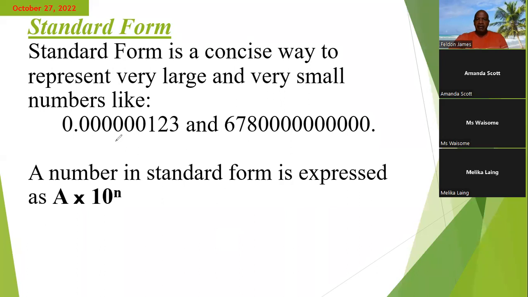So these two numbers that we have here, 0.000000123 and 678 with 10 zeros that follows, if we were to write them in standard form, in the form where we have a number A times 10 to the n, it means that from these numbers, we have to determine a value for A, and we have to determine a value for n.